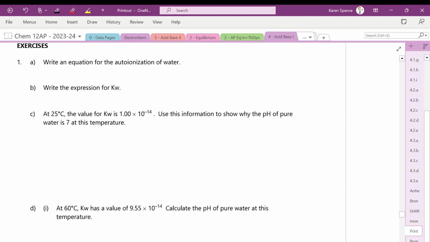So, even though these pHs are not definite, this pH is not 7, right? So it's still neutral because these two are the same. Those are neutral as well. That's neutral pH at 50 degrees Celsius. That's neutral pH.